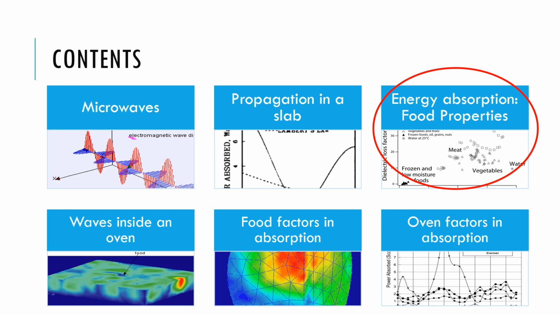The section before, we talked about how energy propagation occurs in a simple geometry like a slab, and the section after, which are separate videos before and after, we talked about how electromagnetic waves behave inside an oven.